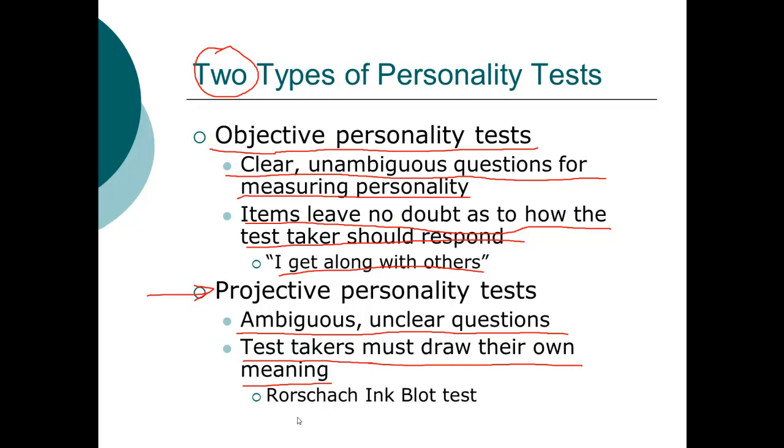And then the best example that we have right here is the Rorschach, I guess is how it's pronounced, ink blot test, where a trained tester shows you what these ink blots look like, and you tell them, well, I think it looks like a horse, or that looks like a butterfly, or whatever.